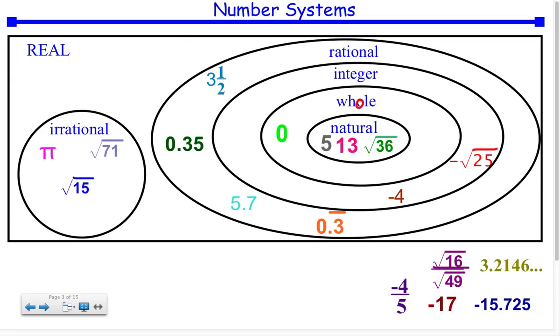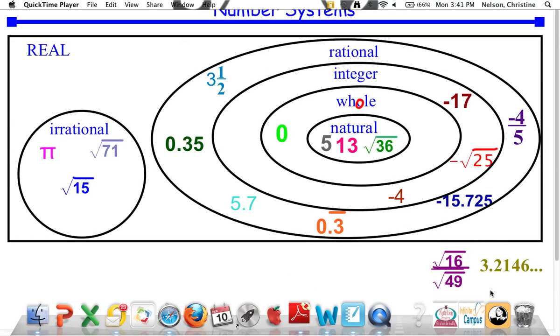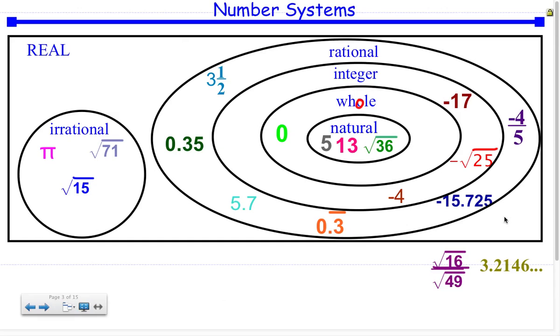Negatives don't come into play until we get to integers. Negative 4/5 is a fraction, so rational. Negative 17 is a negative, but an integer. Negative 15.725, that's a decimal, but it's a decimal that stops. So that means it is rational.